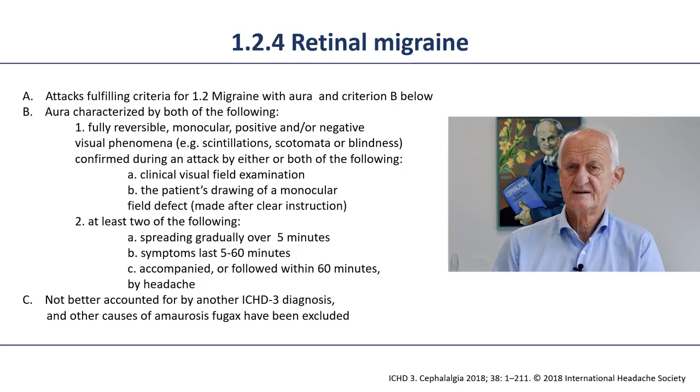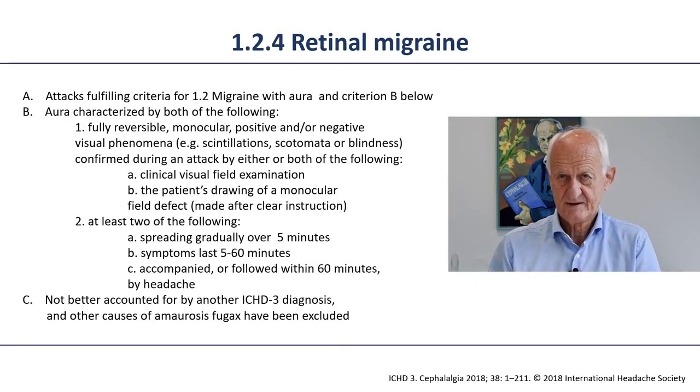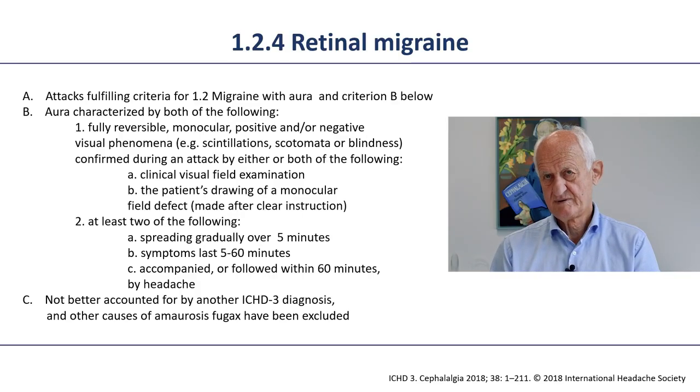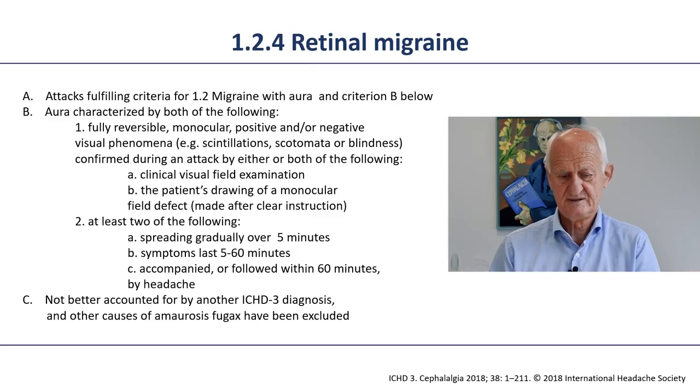And that's why these criteria require the documentation of the monocular nature of the disturbance, either by direct observation during attack, which is of course very difficult and rare, or another possibility, by a drawing made by the patient after good instructions about what it means to be monocular. Such cases probably do exist. There are few cases described, but much more literature, much more study is needed.